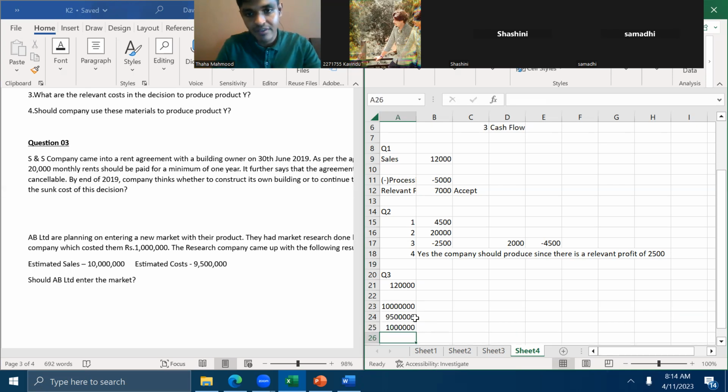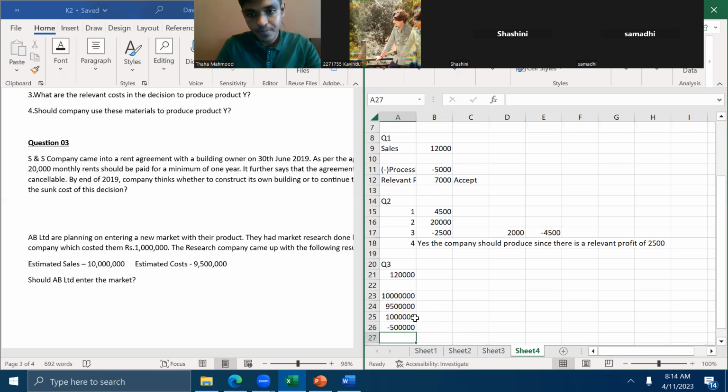We have incurred 1 million, so no, we can't decide that. Since we are having a loss of 500,000, let's not enter this market, let's say they decide.